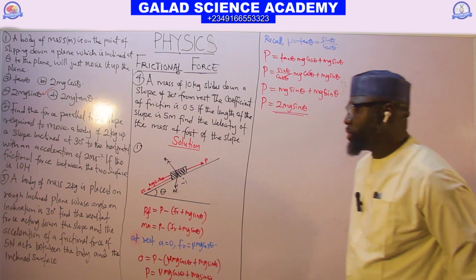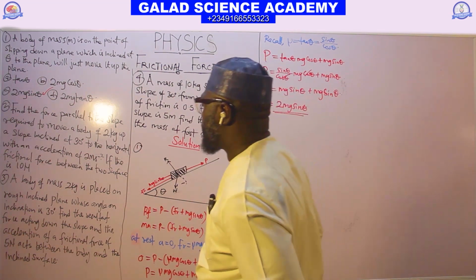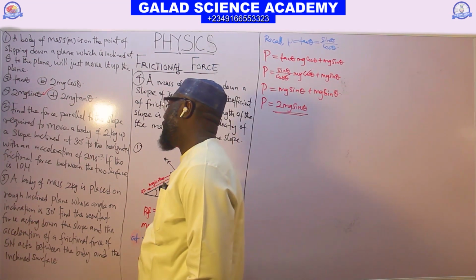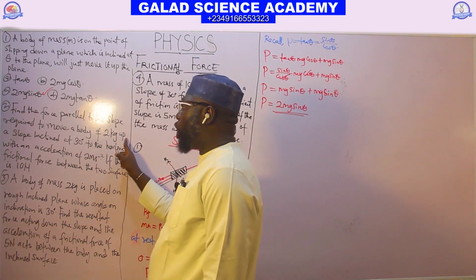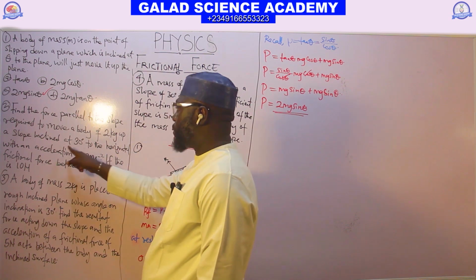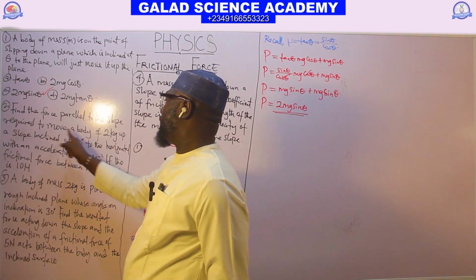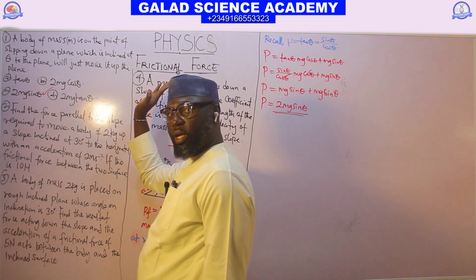Let us look at the second question. Find the force parallel to the slope required to move the body of 2 kg up the slope.